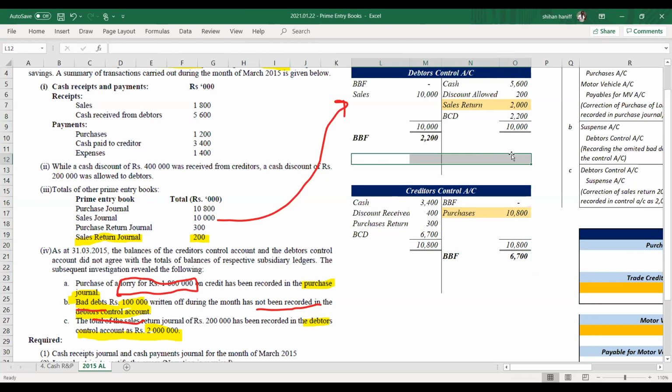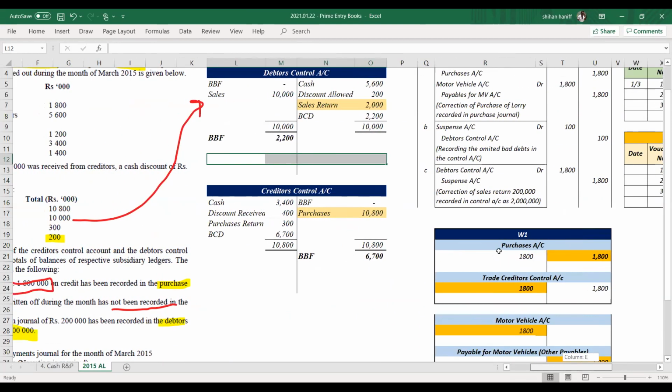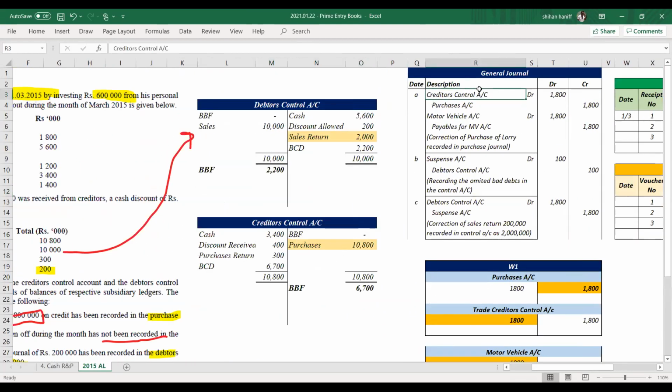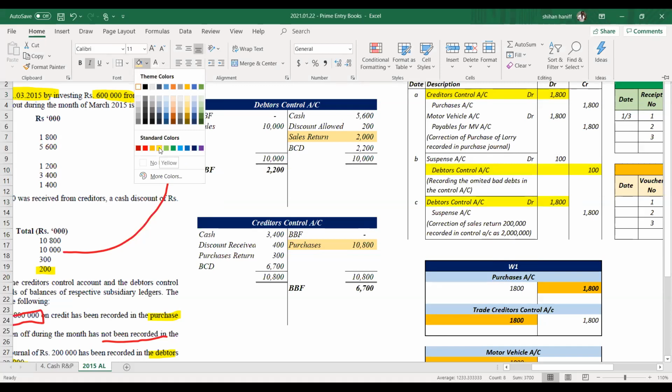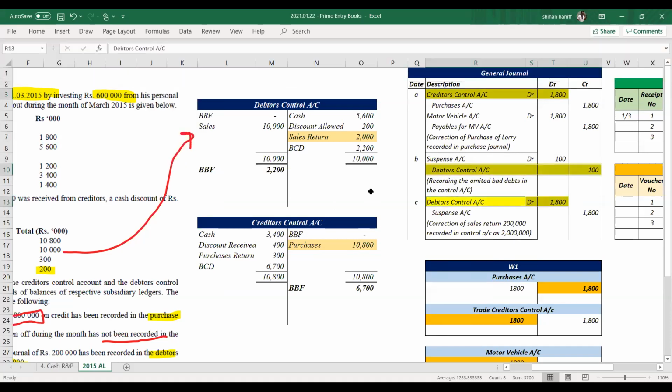Now we'll do the corrections. Corrections are here in the general journal. So what are the transactions which come for the control accounts? Here we have 1.8 million debtors control account, 100,000 debtors control account, and 1.8 million again debtors control account. So into the debtors control account, we have to credit the bad debt of 100.